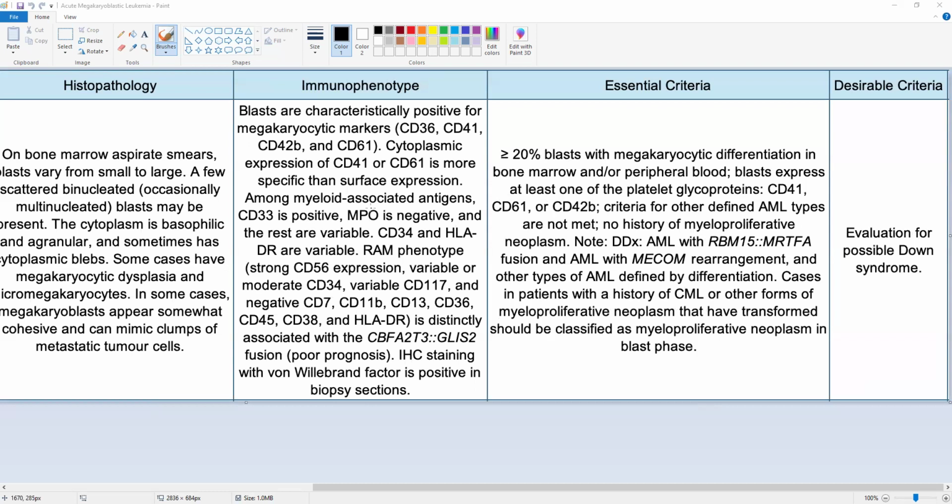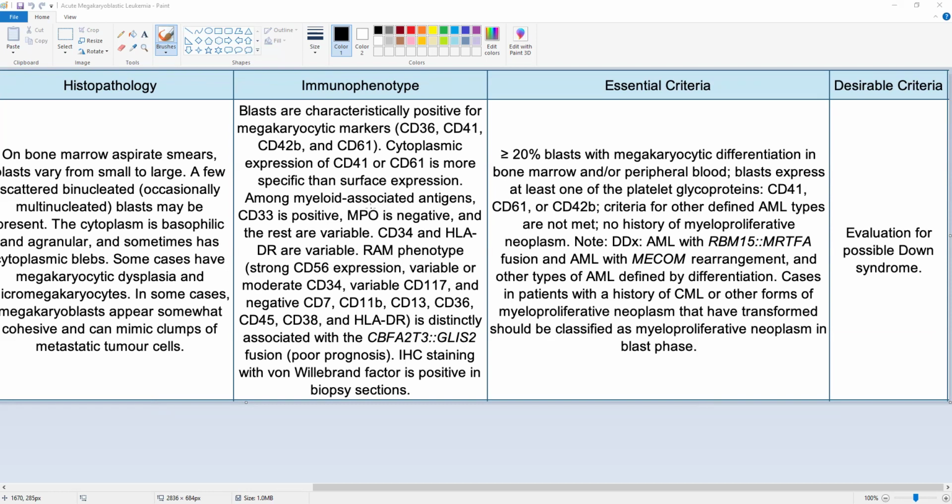And the reason for that is that sometimes platelets can adhere to blasts, whether myeloblasts or lymphoblasts. And then if these platelets adhere to the surface of these blasts, they're going to express CD41 and CD61, which are antigens that are present on the surface of platelets.